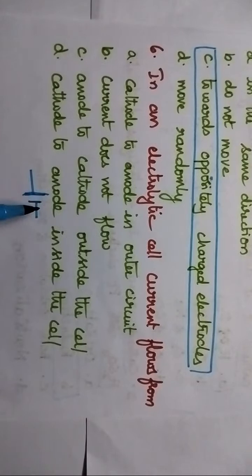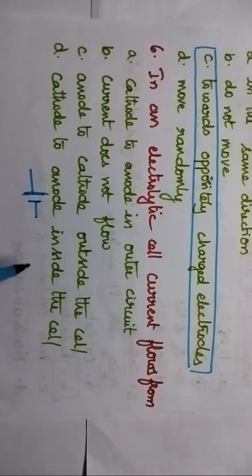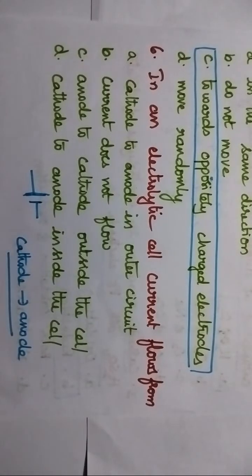So in a battery, what happens? The current flows from anode to the cathode. So inside the cell, the current flows from anode to cathode. Then, outside the cell, the reverse takes place. That means the current flows from cathode to anode outside the cell. Now, identify the right option.